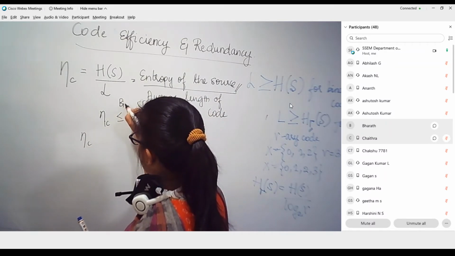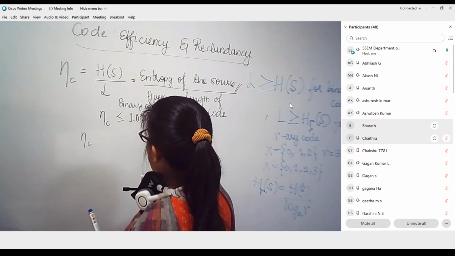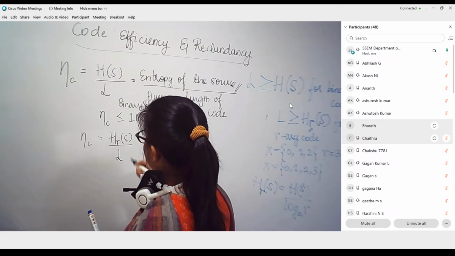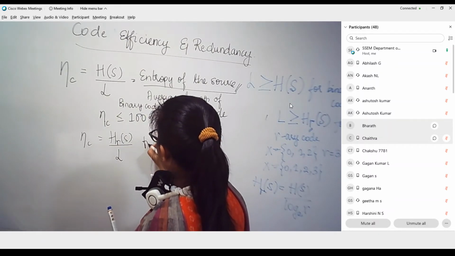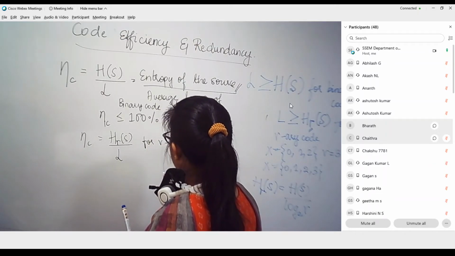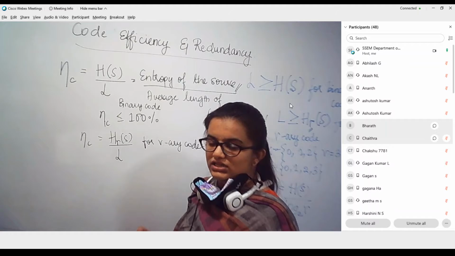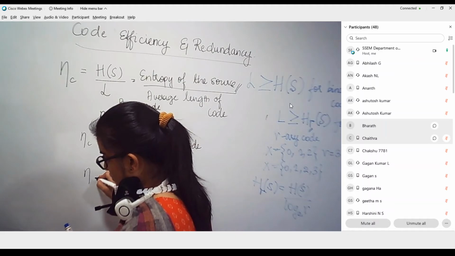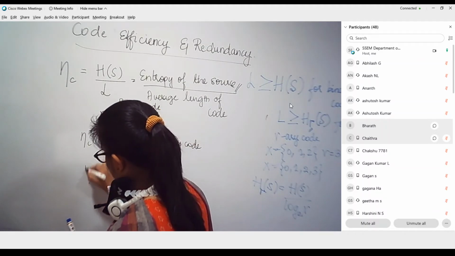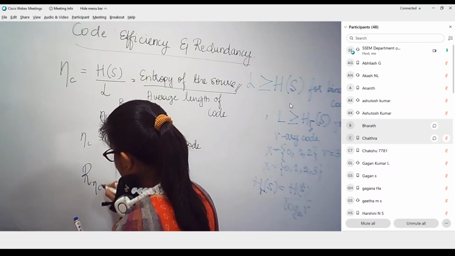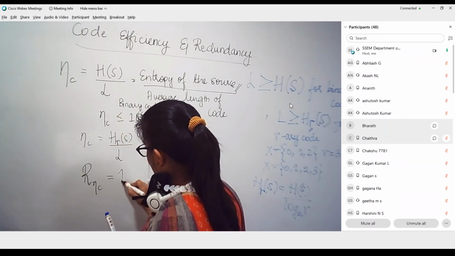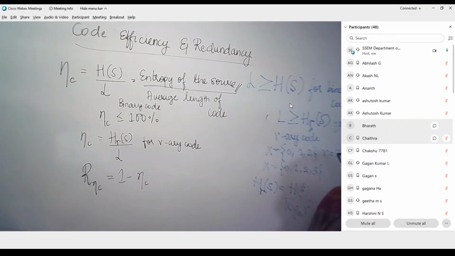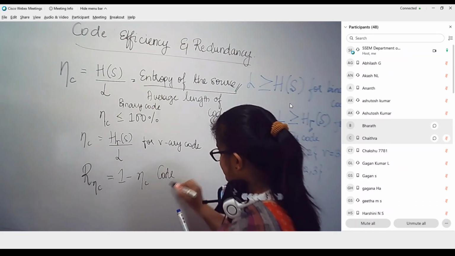This top equation is for binary codes. If it is an R-ary code, then H(S) is replaced with H_R(S) divided by the average length L. This is for R-ary code. If this is your code efficiency, the redundancy in the code is measured as R of eta C, the redundancy of the given code, which is equal to 1 minus eta C. This is the code redundancy.